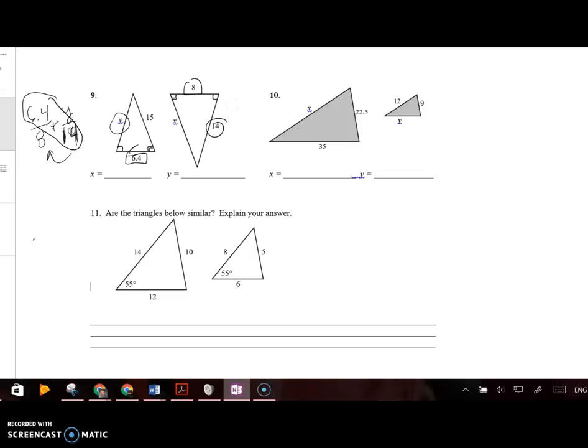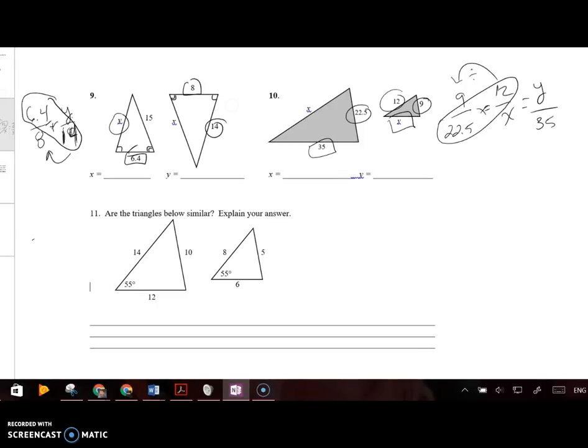All right, you can do the same thing for x. I'm not going to set that one up for you, but I'll move over to this shape. So here, it looks like it's in the same relative position. We don't know angle measures, so we kind of have to assume same relative position. Those are corresponding sides. 9 over 22.5 equals 12 over x, and equals y over 35.